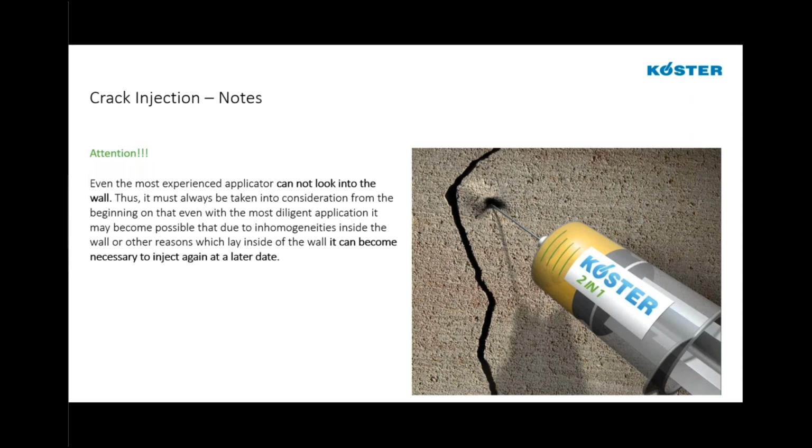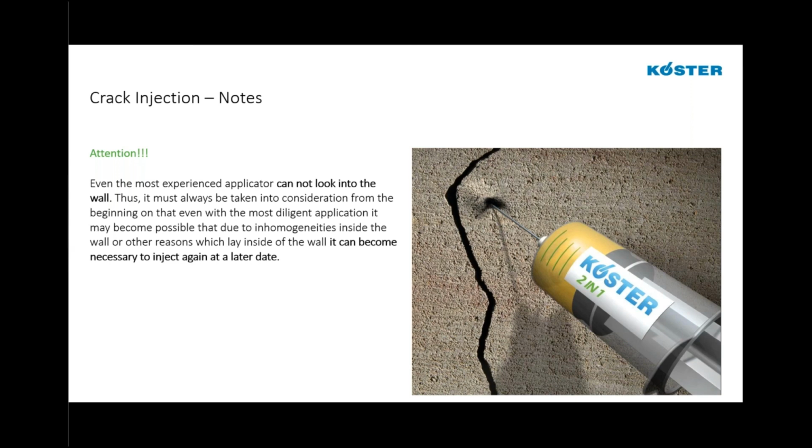And one of the more important things, I know we have a couple of things that we discussed that are important to note and important to talk about in terms of knowledge on the job. Even the most experienced person who's done these injections hundreds and millions of times cannot look into the wall. You can't see exactly what's going on in the wall.